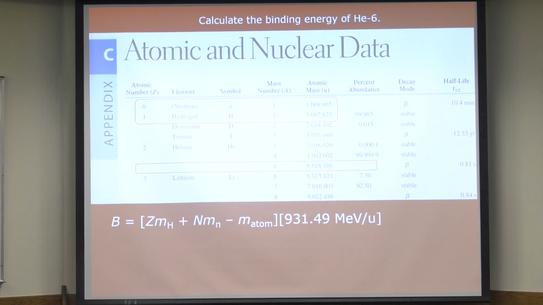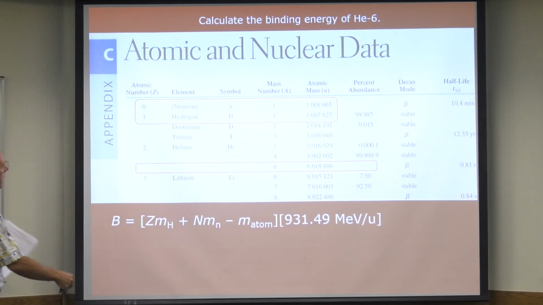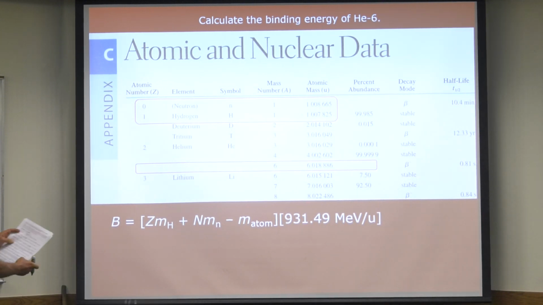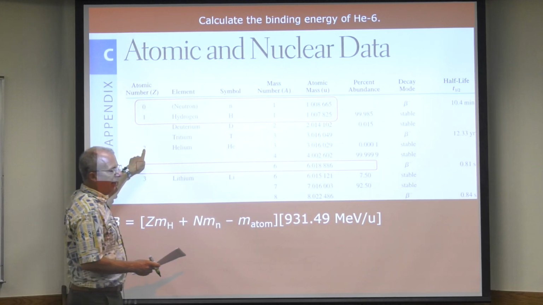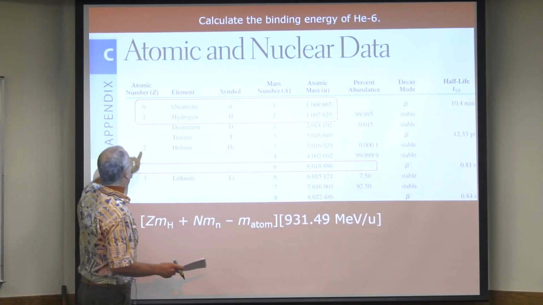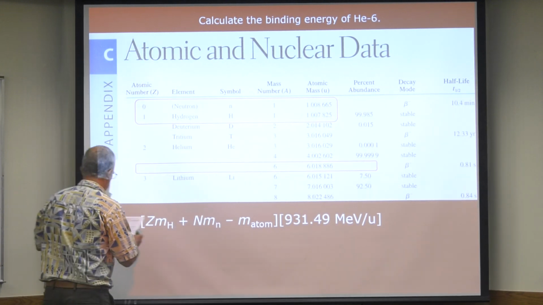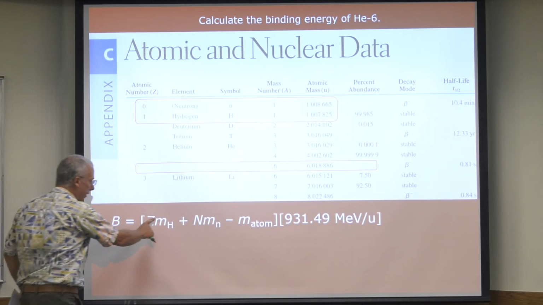So the first thing we want to know is the number of protons. Well, helium, what's helium? Helium is 2 protons, right? That's what makes helium helium. So Z is 2. This is the mass of hydrogen, remember?